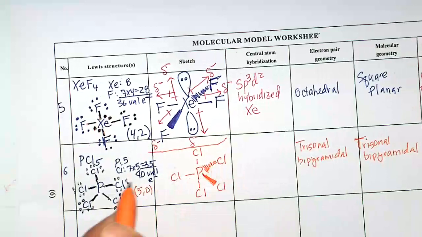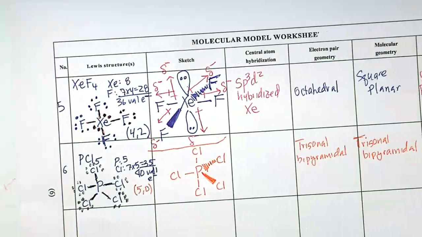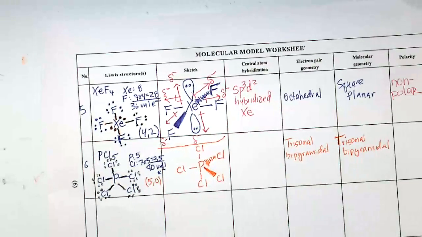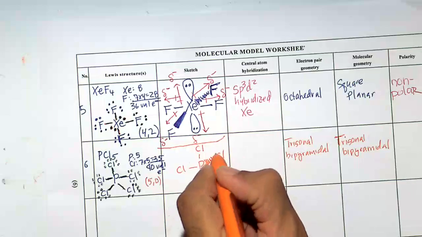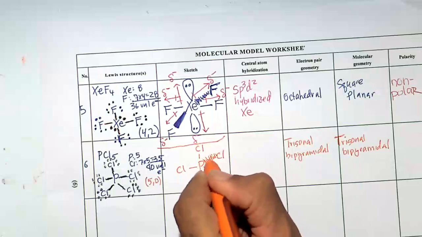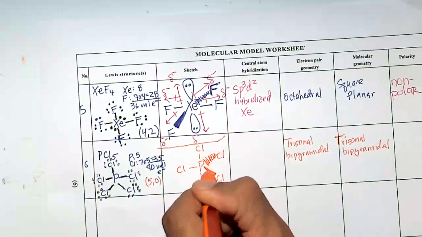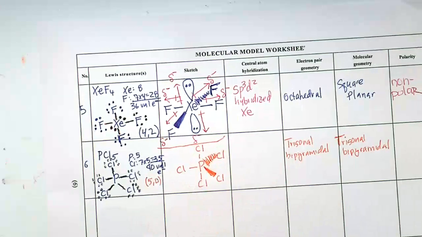Trigonal bipyramidal. This is dash. That's wedge.